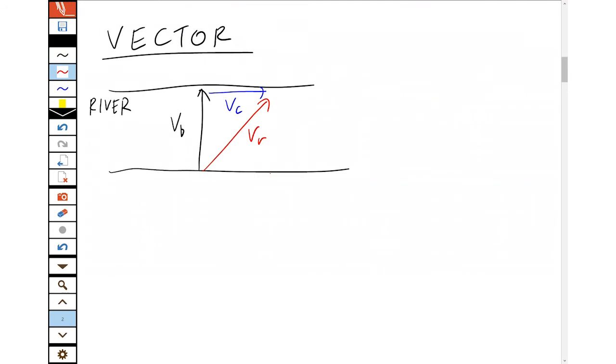Now I'm going faster than I was before. It's a bigger vector, but I'm also going off course. But maybe I don't care about that because this is still the fastest and easiest way to cross the river.